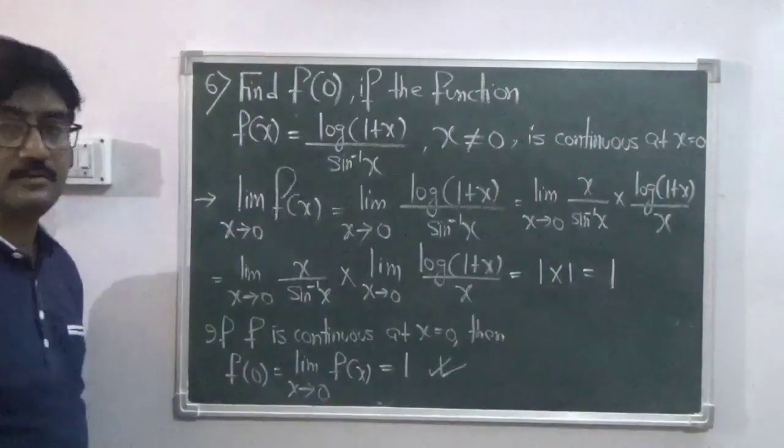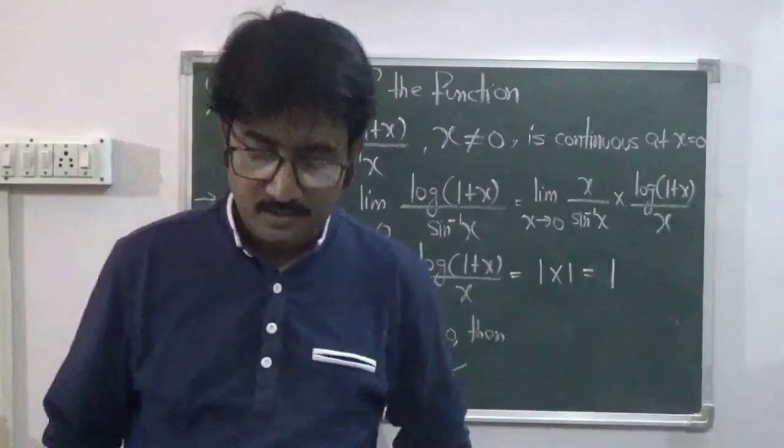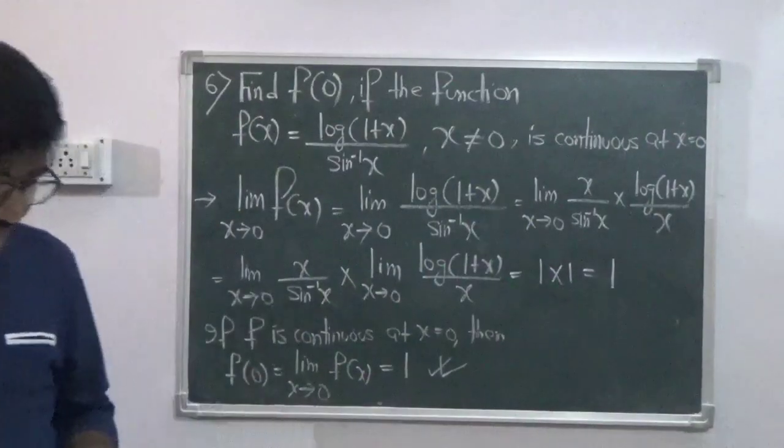So the value of f of 0 is equal to 1. Okay. So now let us move to the next question.